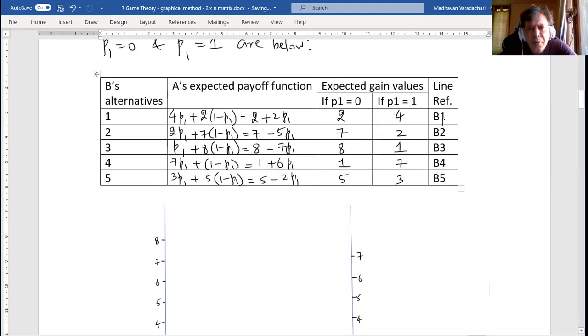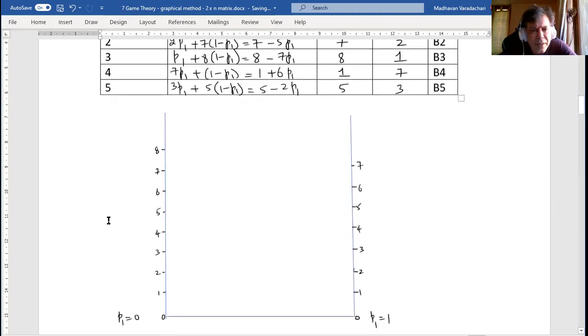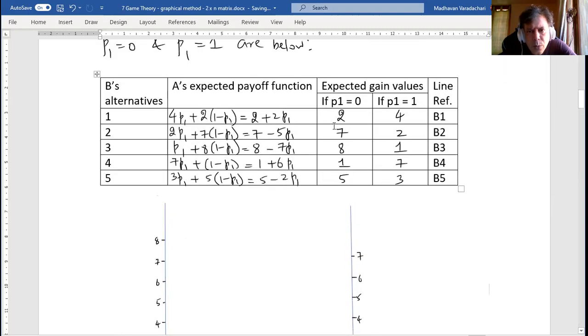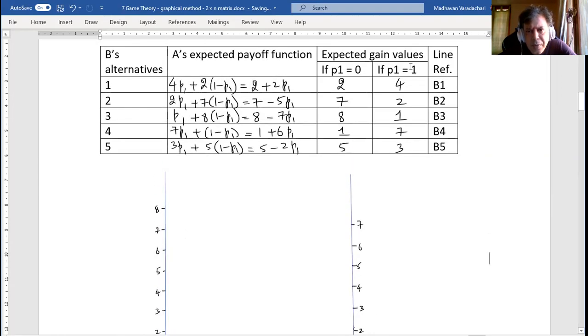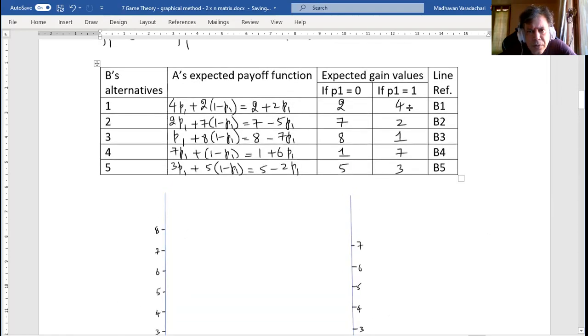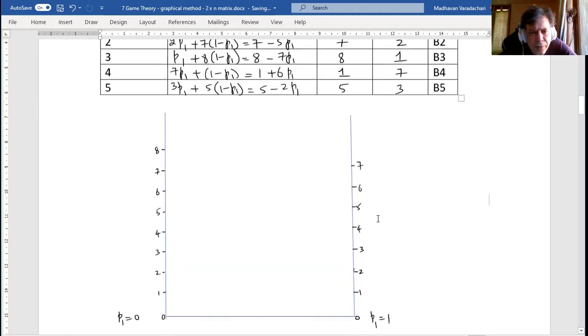Now, if I have to draw the B1 line, at the left-hand side, that is when P1 is 0, I have to plot it on 2. And for the right-hand side, when P1 is 1, I have to plot it on 4. So left it is 2, right it is 4.